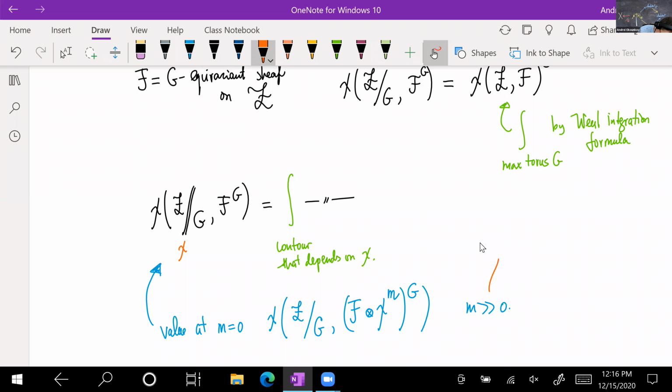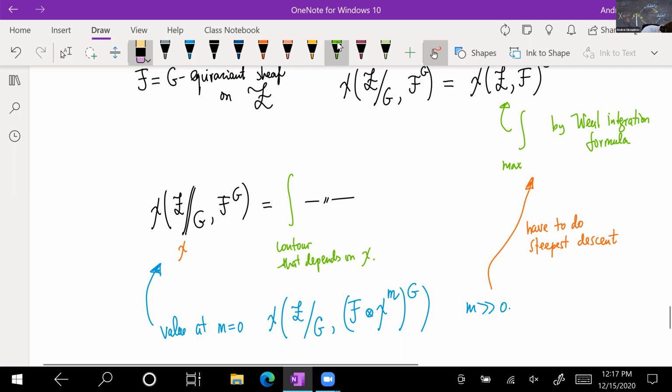this means you have to do steepest descent here. So maximal torus, maximal compact torus, sorry.